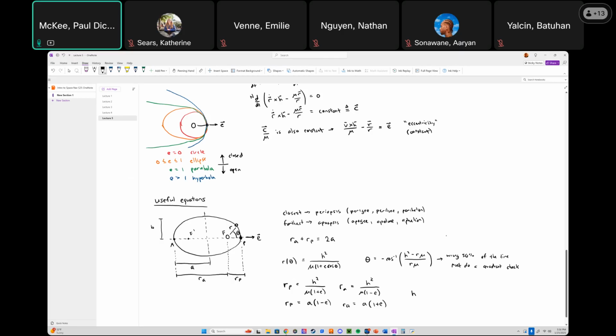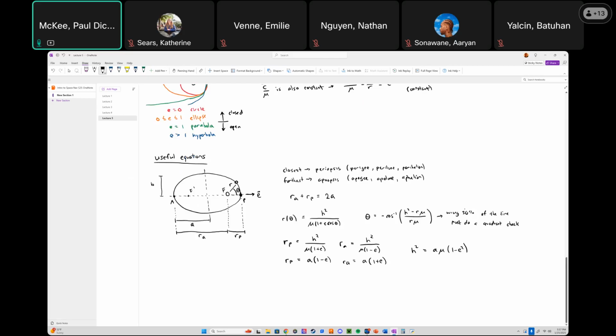The specific angular momentum squared is a mu times 1 minus e squared. So there's the relationship between a and h squared. And then hopefully this makes sense too. Not the semi-major axis, the eccentricity e is rA minus rP over rA plus rP.